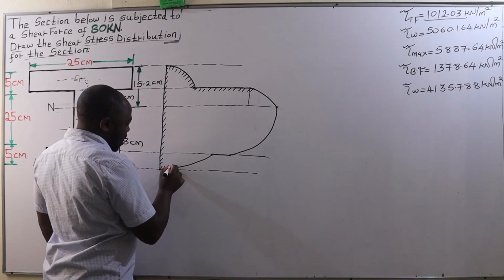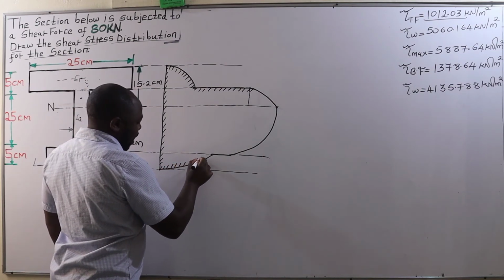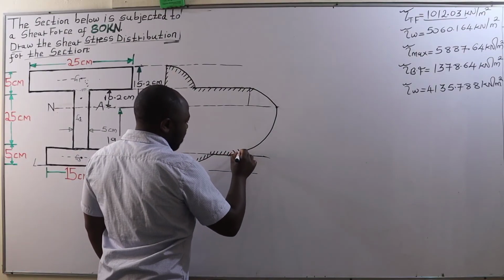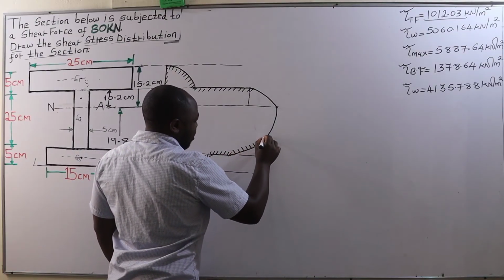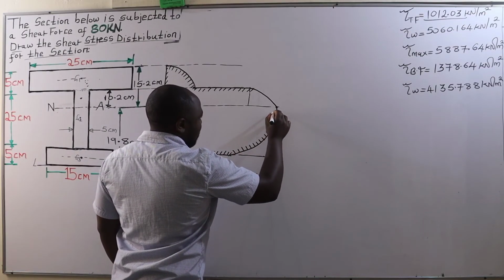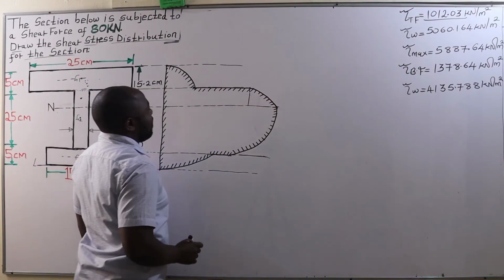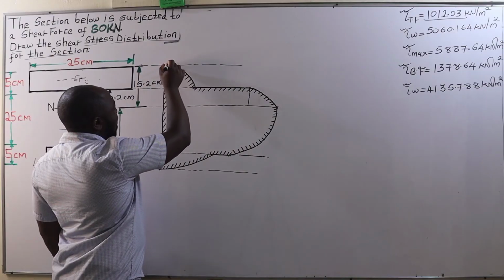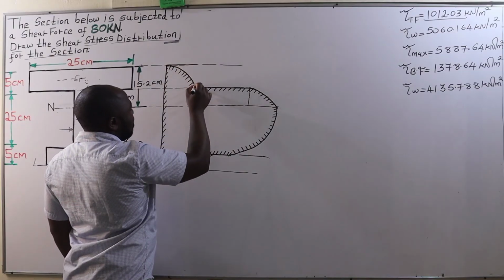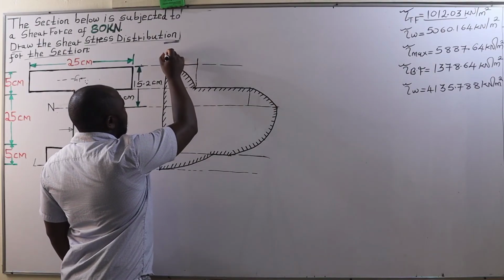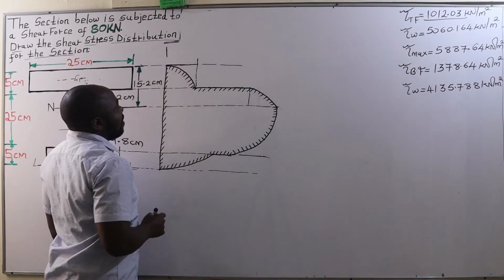And in this case, our top and bottom flanges have got different sizes of their breadths, though their thicknesses or their depths are the same. Now, we have to label these shear stresses on our diagram, and this is how we are going to label them.